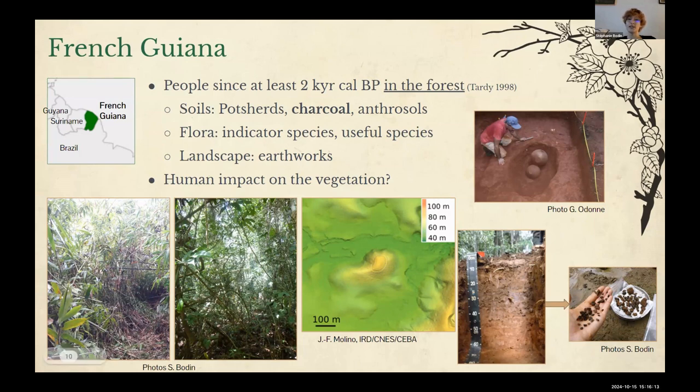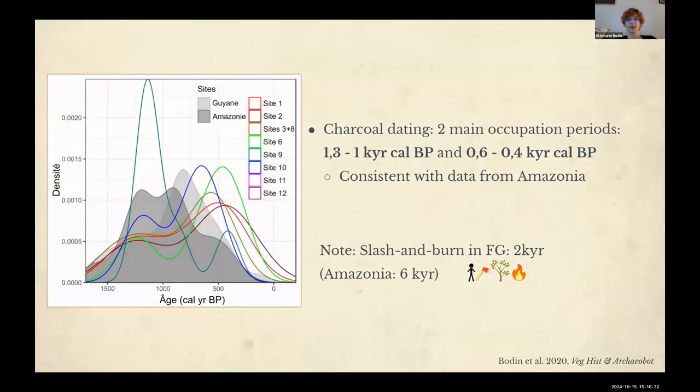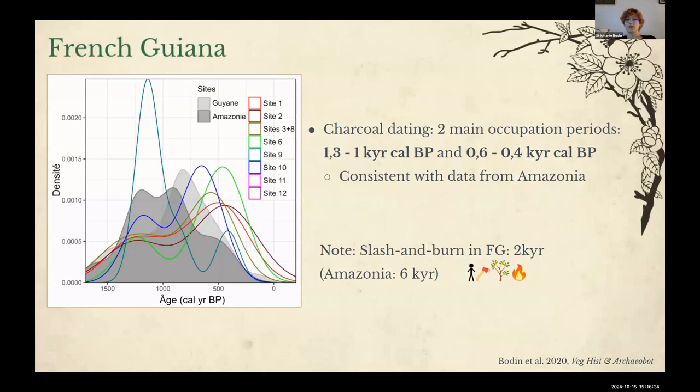And we were also interested in some peculiar vegetation types, because the forest is not homogeneous. Sometimes you have bamboo-like patches like here, or you have liana forest, and we were wondering, can we try to infer if they have an anthropogenic origin or not? So first, thanks to the charcoals, we could date human occupations in the forest.